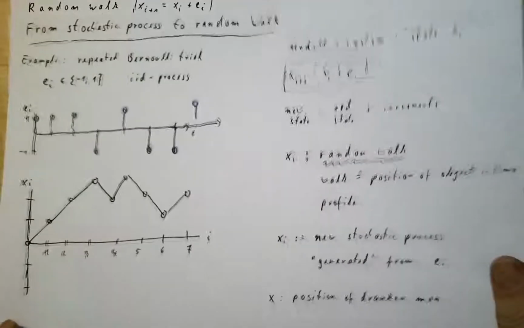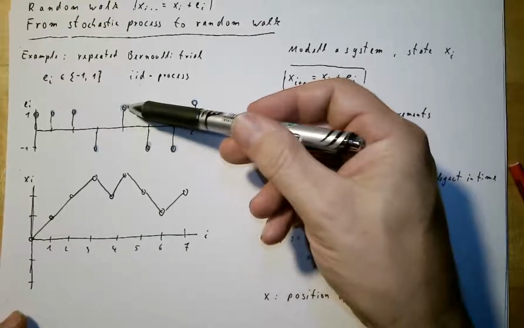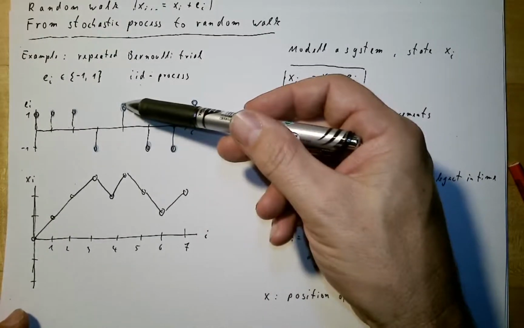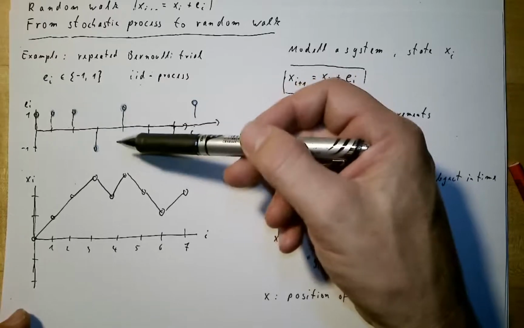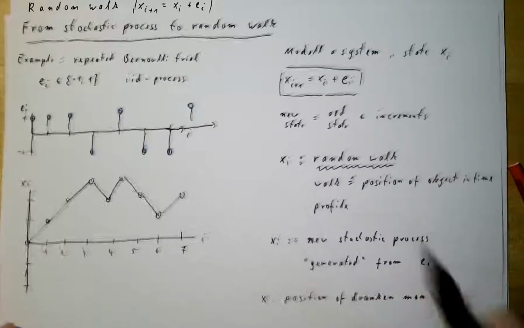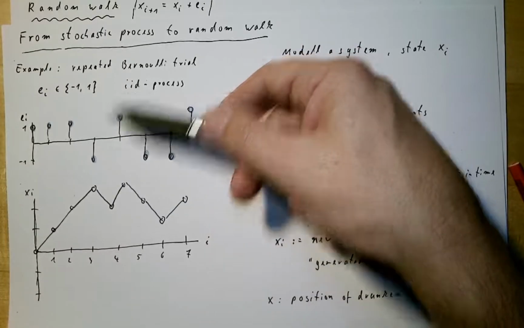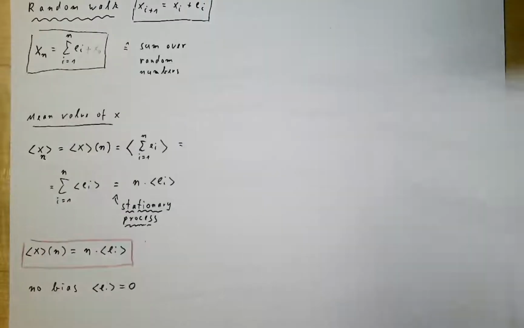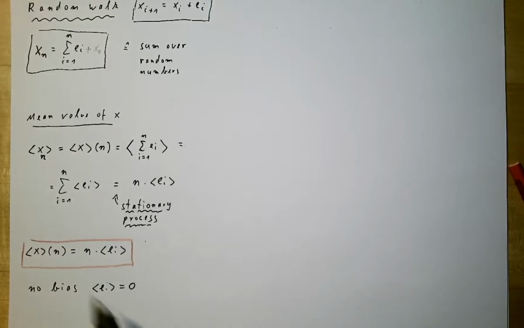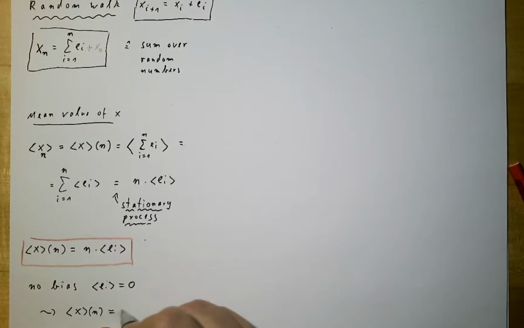So when the distribution of the increments has mean value 0, so that we have the same chance to go up and down. So there is no bias to a positive or negative direction in the system. And then from this formula we see that also the expectation for the mean position of our walker will be 0.